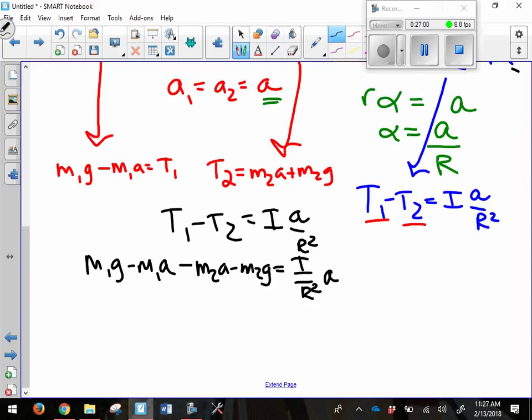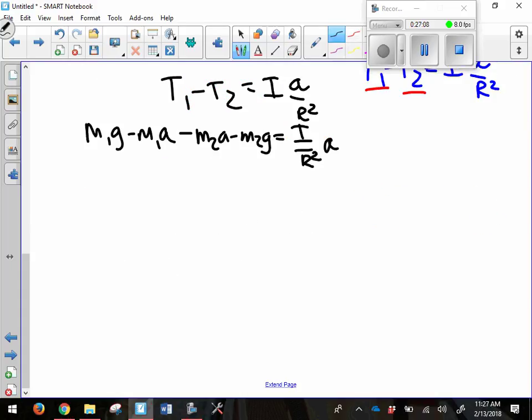And I move the R squared to under the I for a reason. Multiplying by R squared really won't get us where we want to go. I mean, you could, but it's not really going to help.